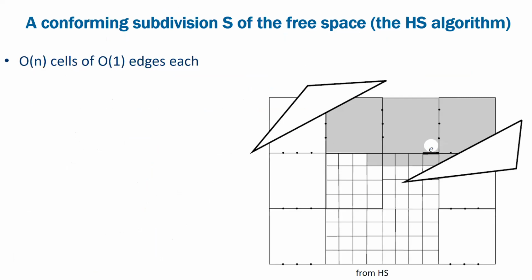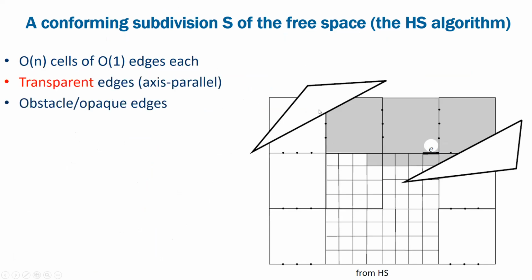Because of that, Hershberger and Suri proposed a so-called conforming subdivision of the free space. This is the picture I copied from their paper, and you see these are the two obstacles. The subdivision has order n cells, and each cell has a constant number of edges.